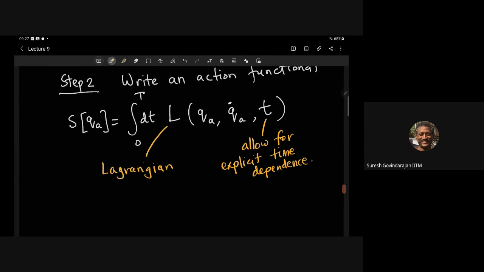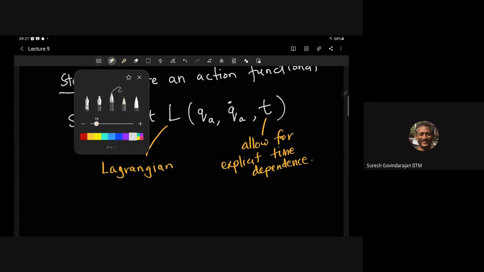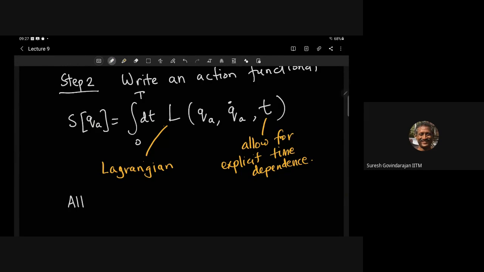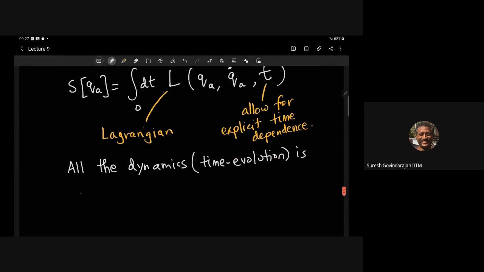So all the dynamics, which refers to time evolution, is obtained given the Lagrangian.